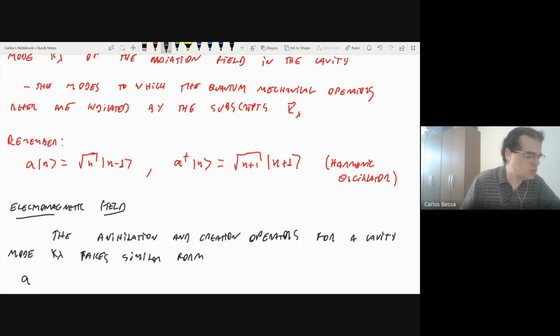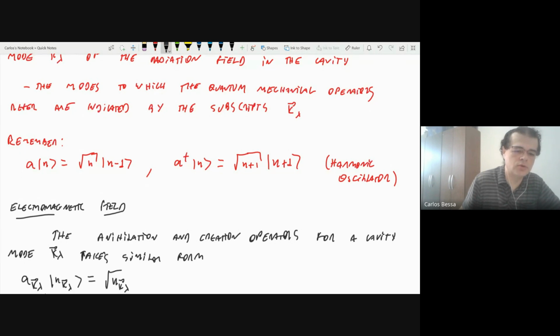So each mode will have an annihilation operator that is applied to the state, which in general is a vector, n k lambda.